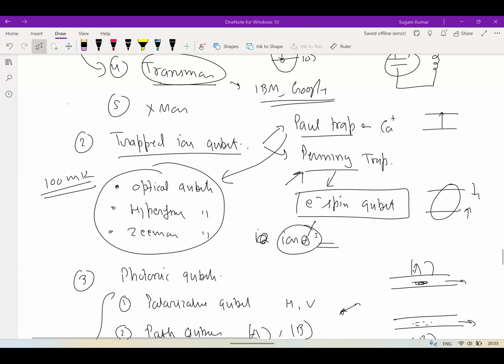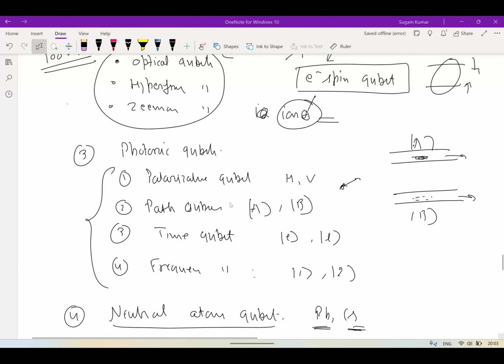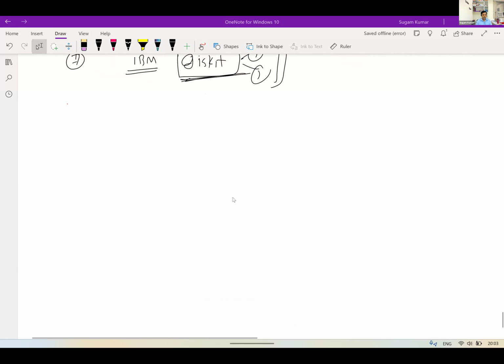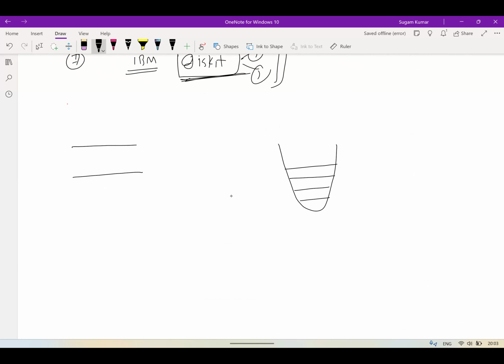For physically realizing the qubits, you have described systems with two states. You also mentioned the harmonic oscillator, which has multiple states possible. So can we have a system with more than two states as a qubit?